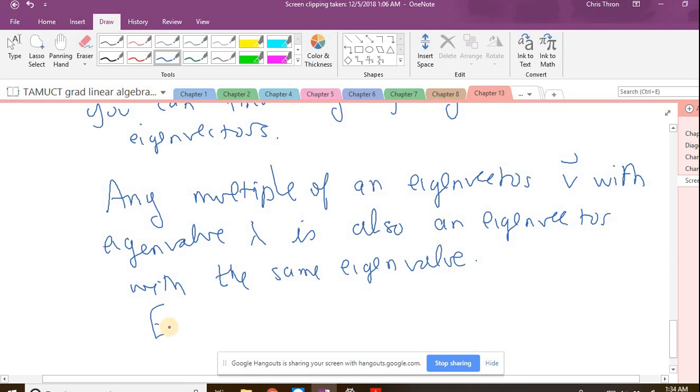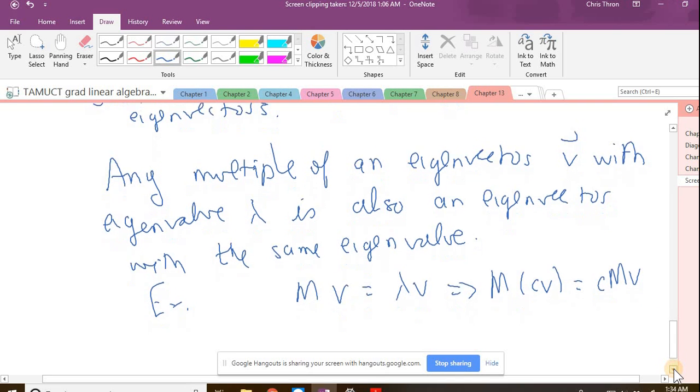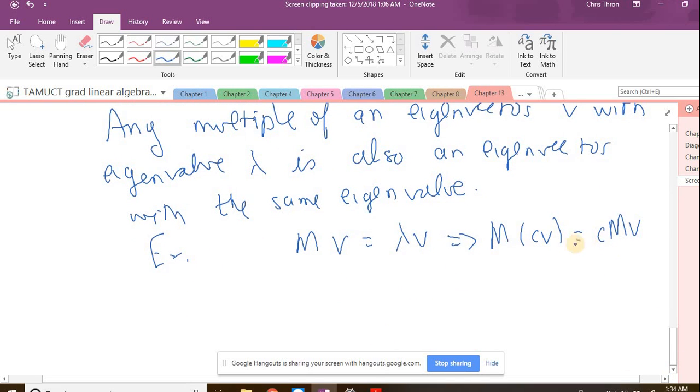Okay, so I'll just do an example. If you have M times v equals lambda v, then if I multiply v by a constant, that's the same as c times Mv, because I can pull the c out, and Mv is lambda v, so that's c times lambda v, and that's the same as lambda times cv.